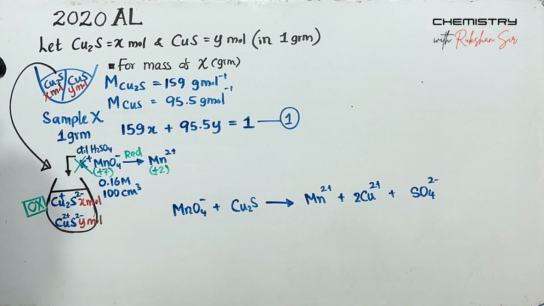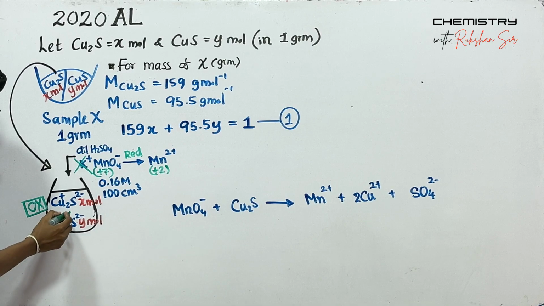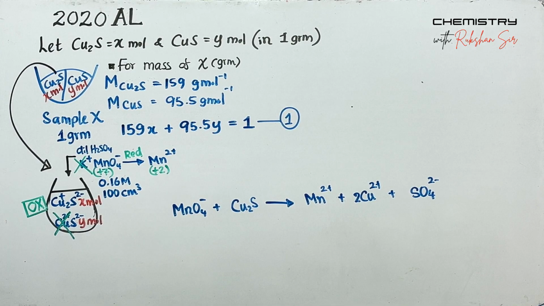What about the CuS? Copper 2 plus appearing here is at the highest oxidation state of copper, so the copper 2 plus here can't get oxidized. If something is at its highest available oxidation state, it can't get further oxidized. So copper 2 plus here is not participating in any kind of oxidation. Only the S2 minus ion here gets oxidized to sulfate ion, as the question mentions.